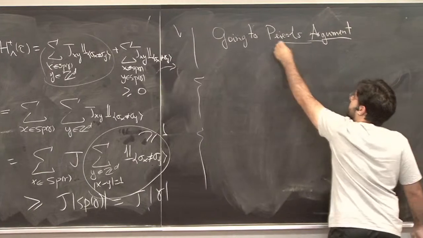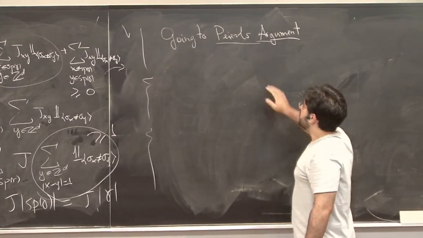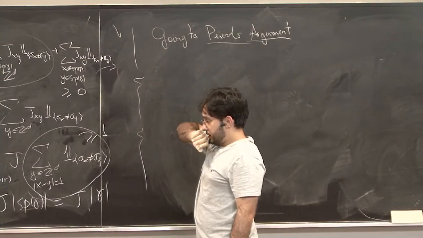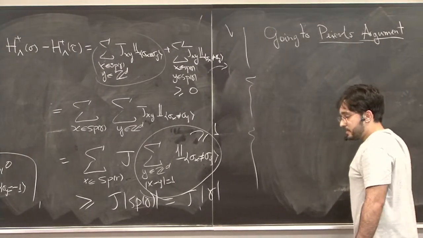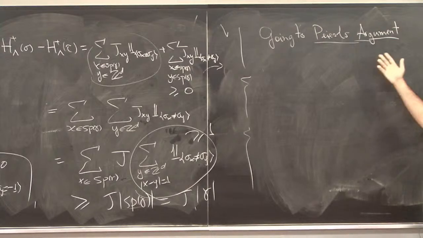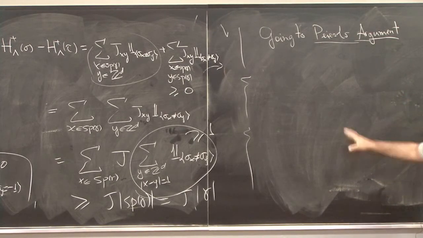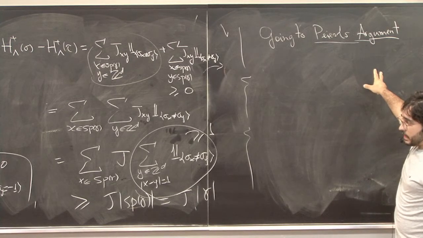I guess I didn't say this last class, but the strategy of writing this as something geometric and showing that the magnetization is positive is known as Peierls' argument. Peierls was the first one who thought about this, I guess in 1904.